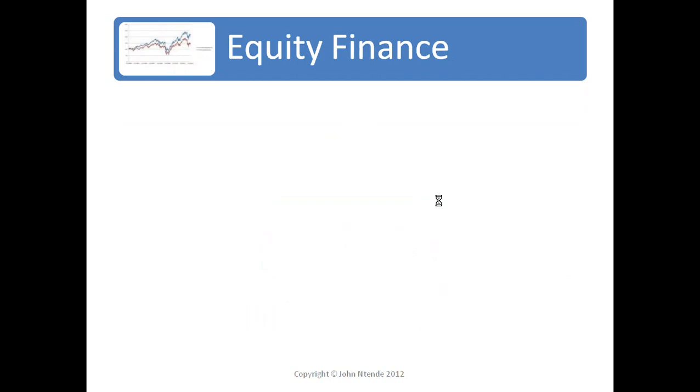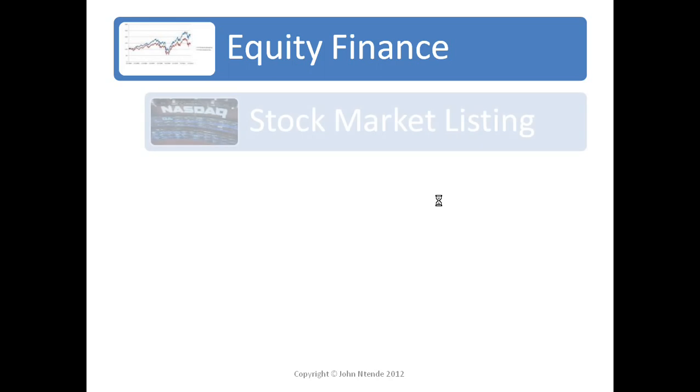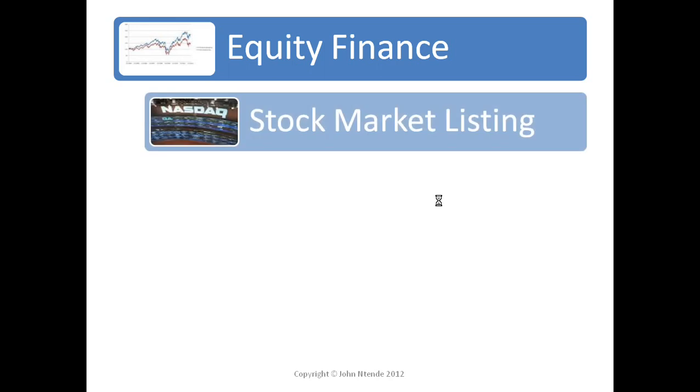Now let's look at equity finance. I told you equity finance is simply ordinary share capital, and it is raised through the sale of ordinary shares to investors. There are various ways of raising equity finance, and the main ways are through a stock market listing. A stock market is simply a regulated market for buying and selling shares by the general public.